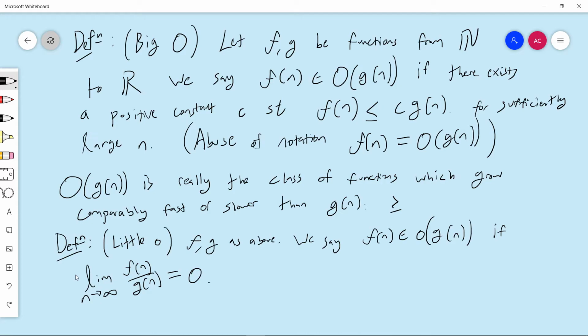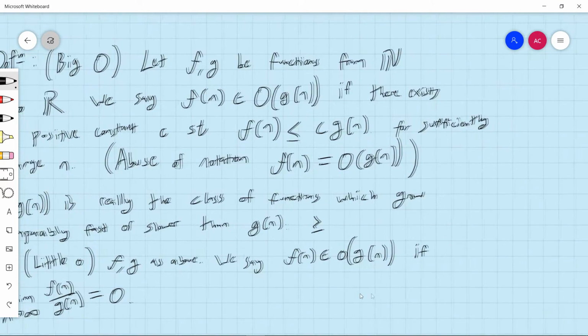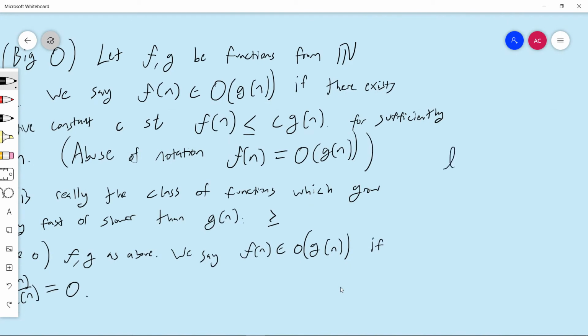Keep in mind that if you're comparably fast, if you're up to a linear constant, then if f of n is in O of g of n, then the limit as n goes to infinity of f of n over g of n is equal to c, where c might be zero.